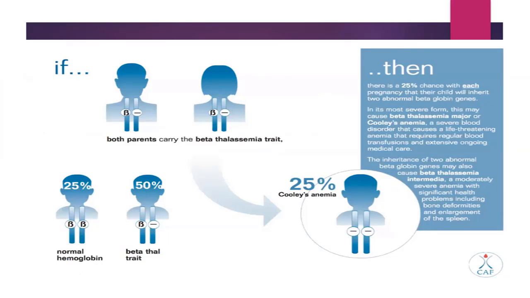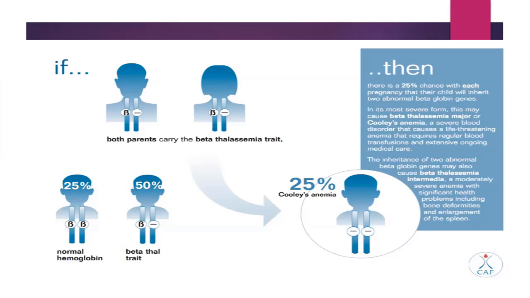In this slide, you can see if both parents are carriers for beta thalassemia trait, they will have a 25% chance of having a child with Cooley's anemia or beta thalassemia major, and 25% of children are normal, while 50% of children will have a beta thalassemia trait like their parents.